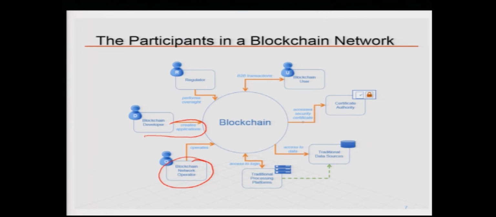So that's the network operator. You have the blockchain user. For example, if it is a supply chain blockchain, then the blockchain users would be all the entities that are involved in the supply chain, the customer at various steps and so on.